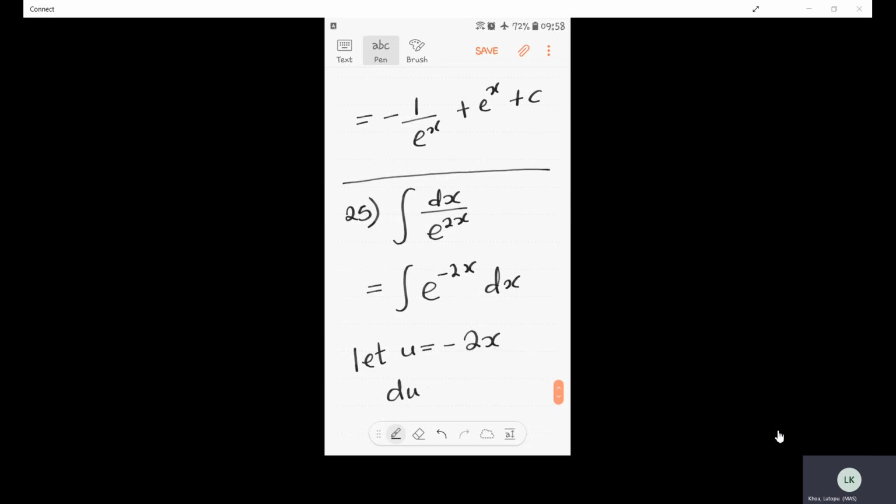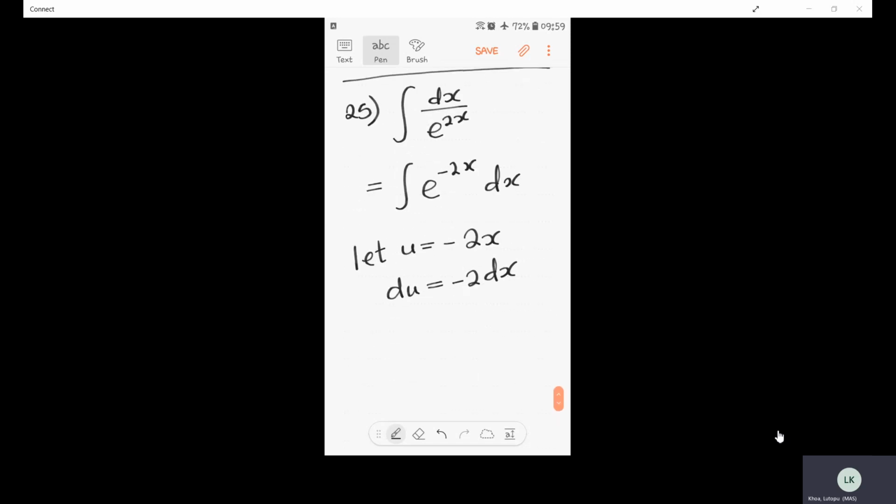This means that du is equal to minus 2 dx, and then we can say that minus half du is equal to dx. Then we substitute: where we have dx, we put minus half du, and for minus 2x, we put u.